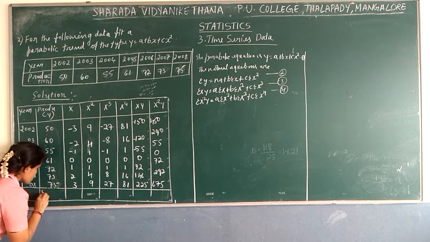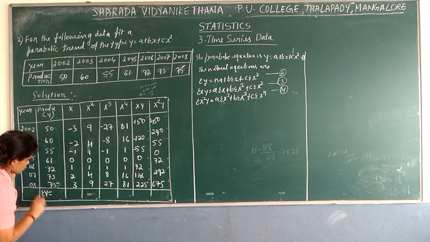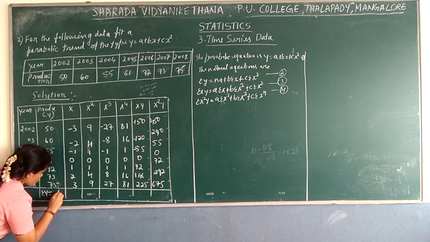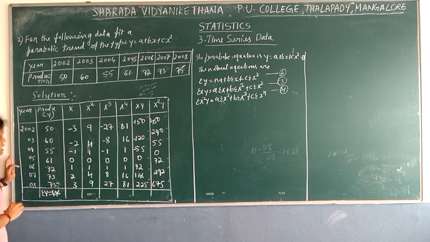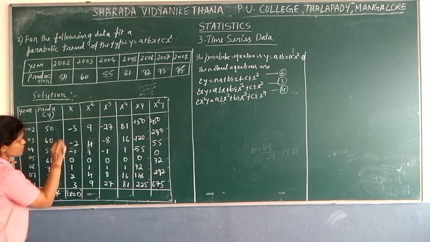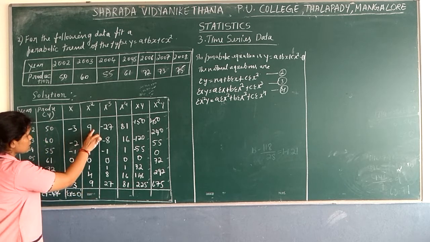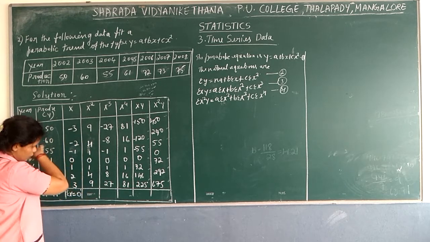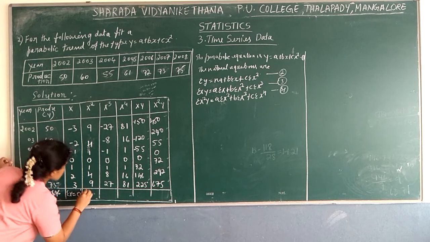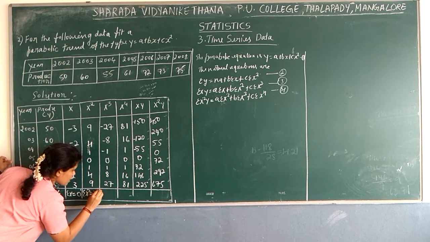So now we total the columns. Here we get sigma y as 446 and sigma x we get as 0 like always, and sigma x square as 28.